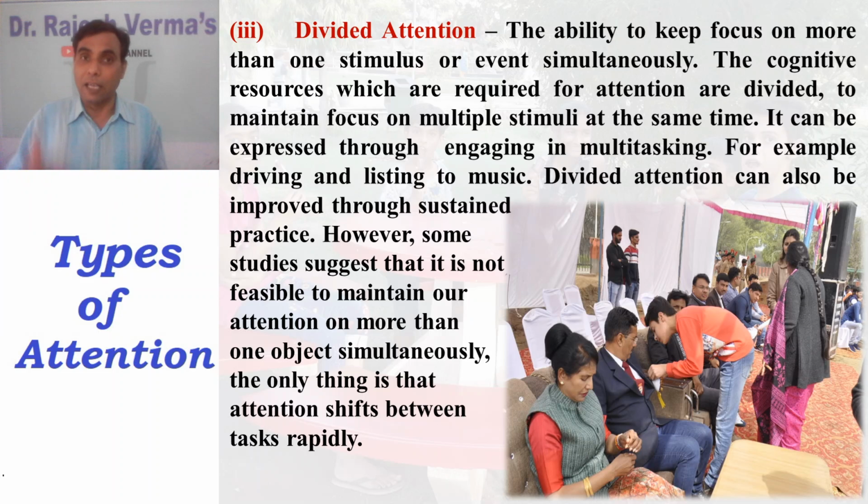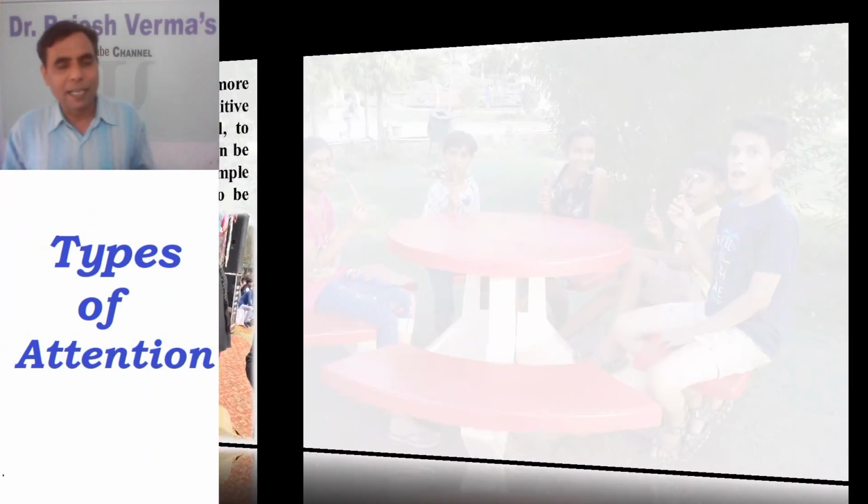In fact, pictures are moving at a rapid rate, at the rate of 16 pictures in one frame. If pictures move with that speed, you observe that the event is moving or the individual is moving. Means your attention is shifting between the stimuli very rapidly. Some studies prove that. However, you must know there is a third type of attention that is known as divided attention.